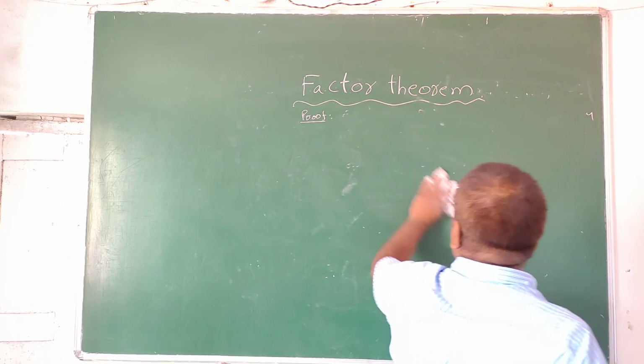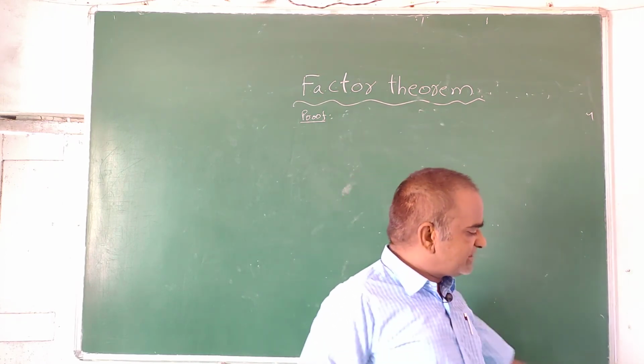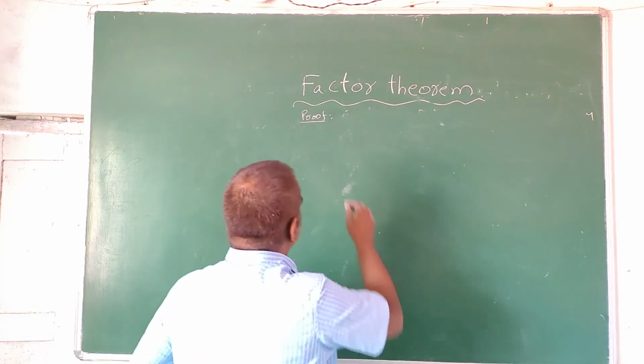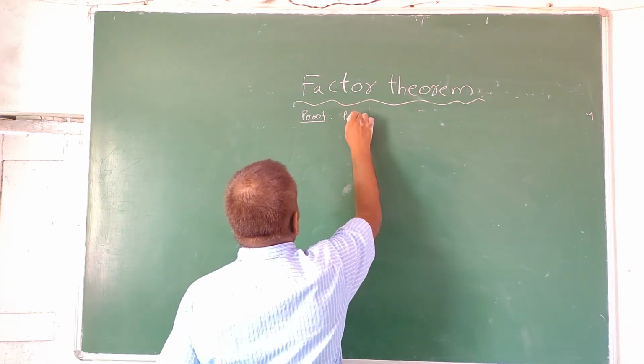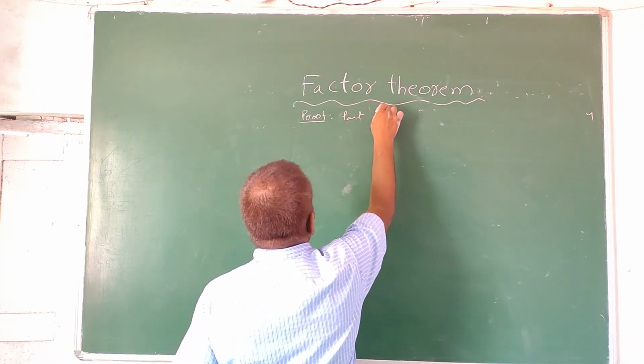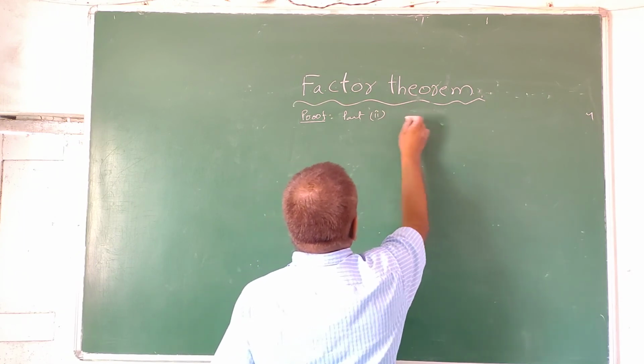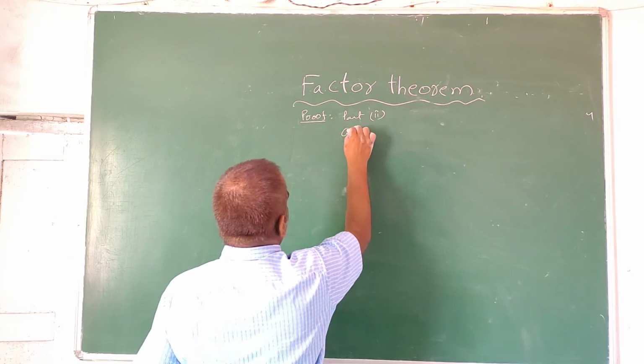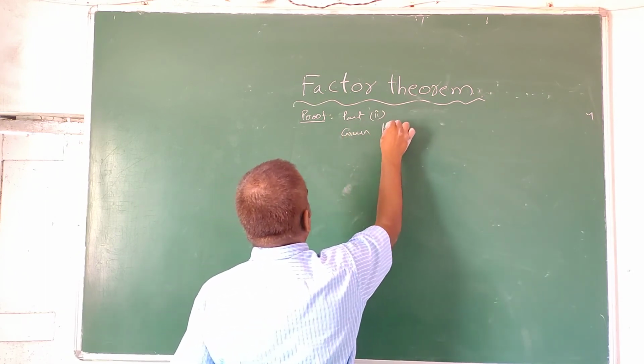In part 2, it is given that x minus a is a factor of f of x. Proof of part 2. So, we have given that x minus a is a factor of f of x.